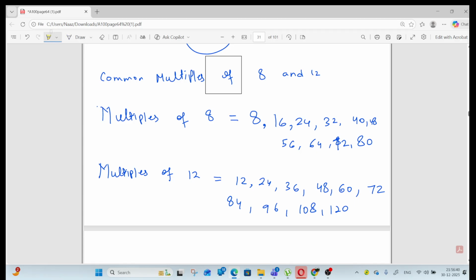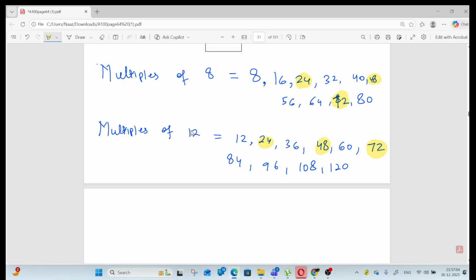If you see the common multiples, the first number you see in both of them is 24, then you can see 48, and after that you see 72.